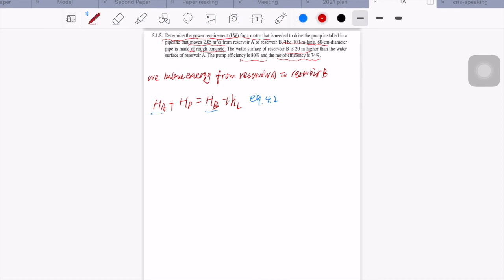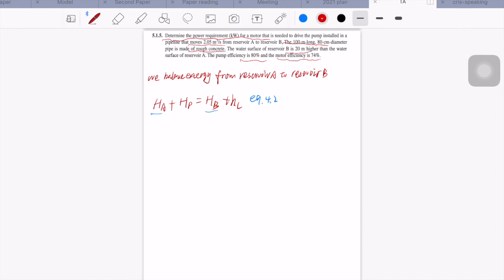since reservoirs A and B are exposed to the atmospheric pressure and the velocity head at the reservoir can be neglected, the total energy head of reservoir A and B equals the water surface elevation.